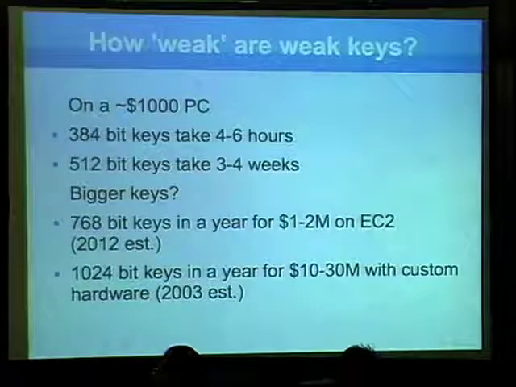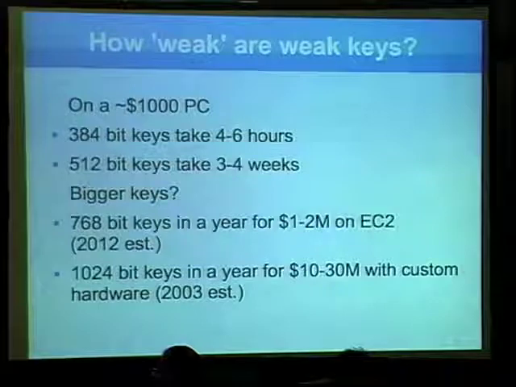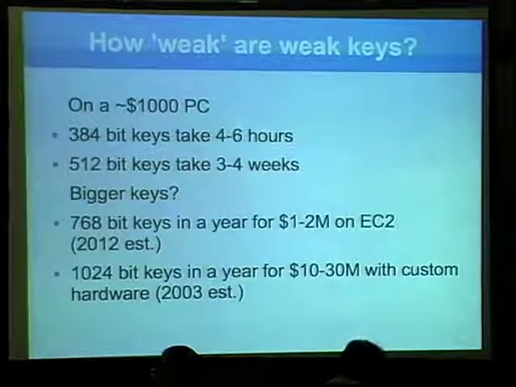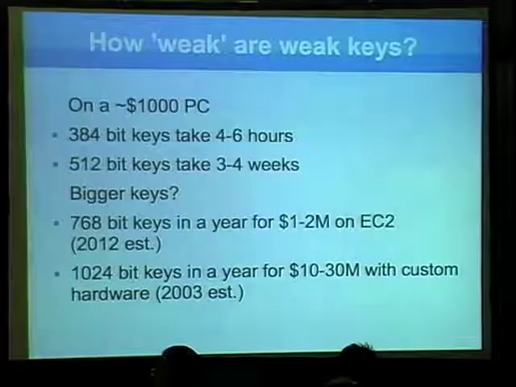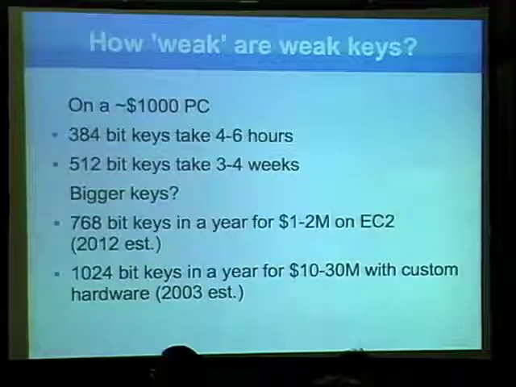1024-bit keys: one of the guys who invented RSA put out a paper talking about the cost of cracking those in 2003. He was estimating with custom hardware you could do it for about $10 million in hardware costs plus $20 million in design costs. But this was almost a decade ago. A lot has changed in manufacturing since then.